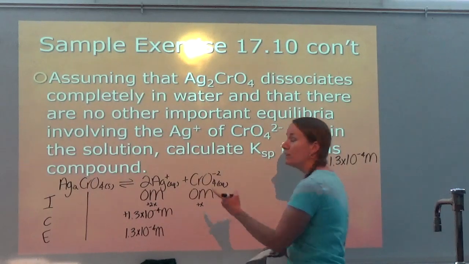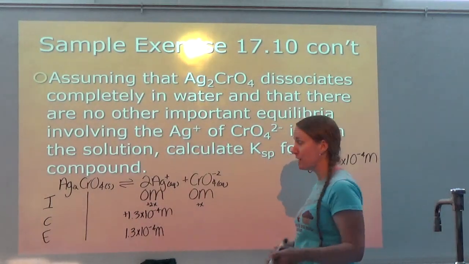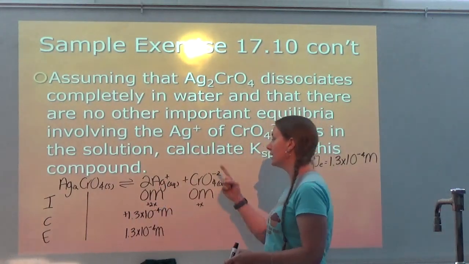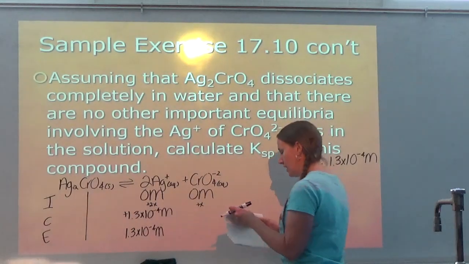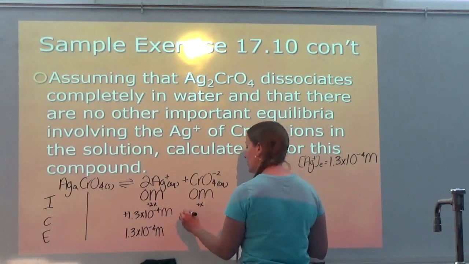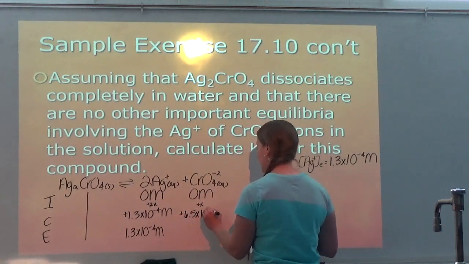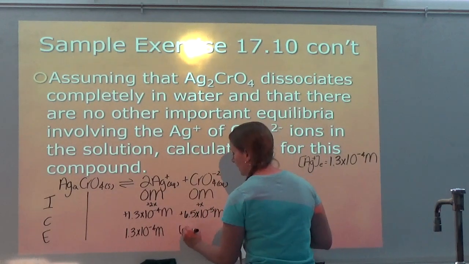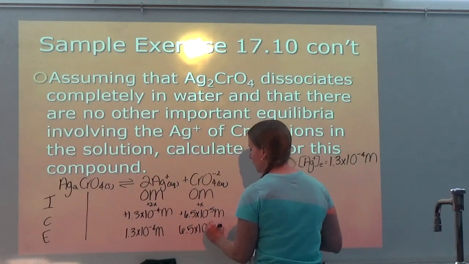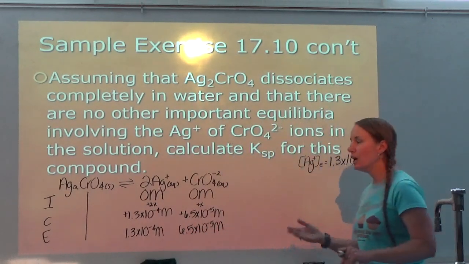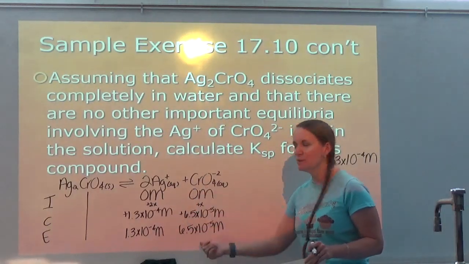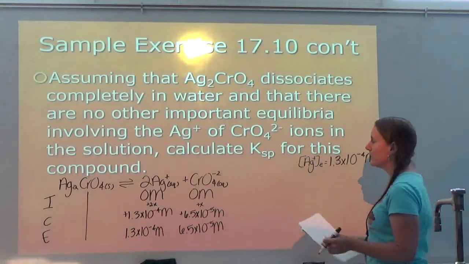That means I'm only going to add half of that to the chromate, because for every 2 silver ions, I'll only get 1 chromate ion. So half of 1.3 times 10 to the negative 4 is 6.5 times 10 to the negative 5. And see, you could have done that in your head. You could have been like, oh, I got the silver, this is going to be half of that.